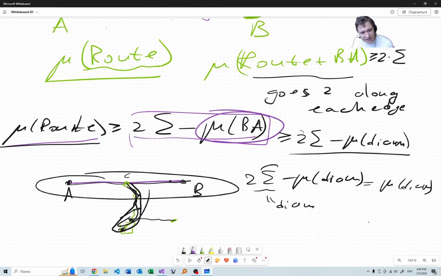And again we insert into our path this piece, where we go like this and then like this. Again, if we added some portion of total weight S of edges, then it is added twice. Therefore, this formula holds, and when we add all our vertices, we have a complete Hamiltonian path of this weight.